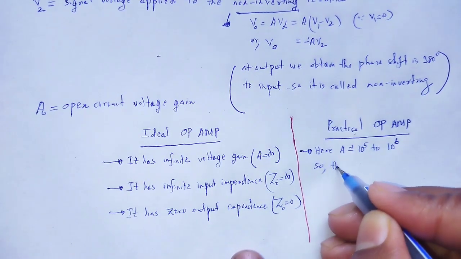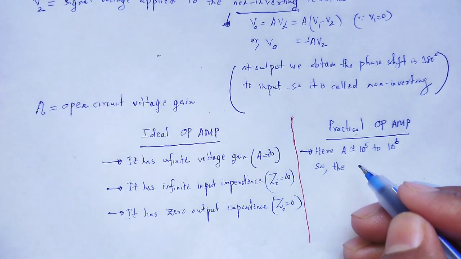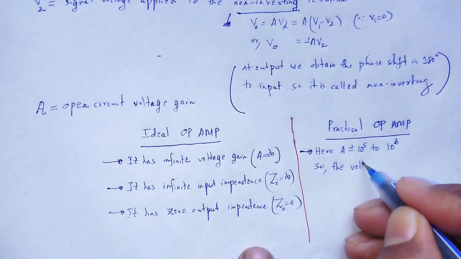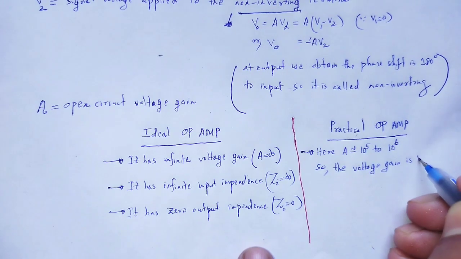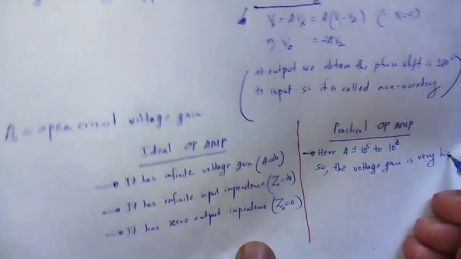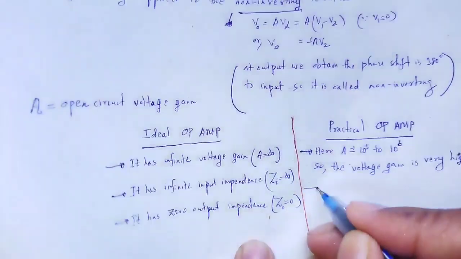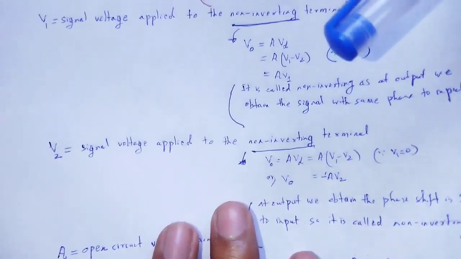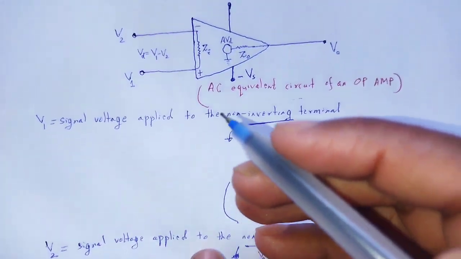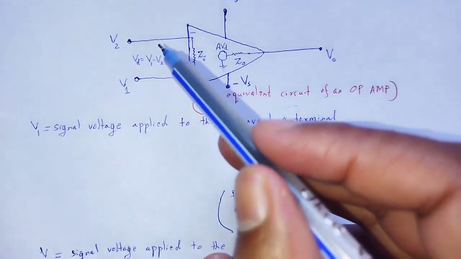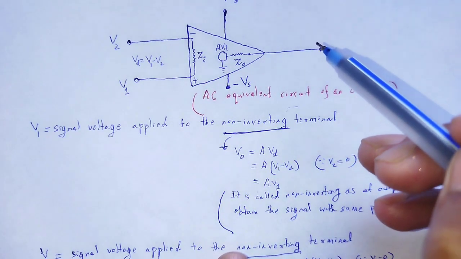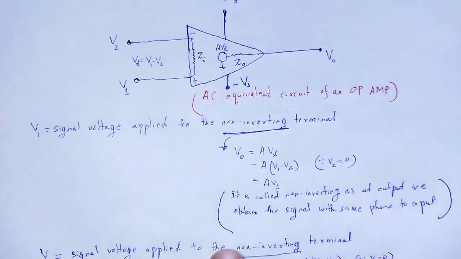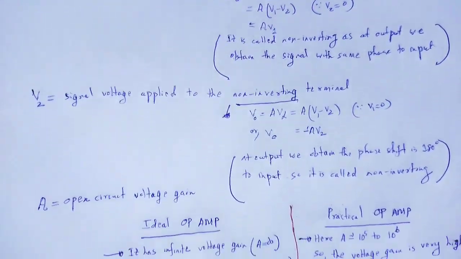So the voltage gain is very high, meaning if we supply a small amount of voltage through the input, then at the output it is amplified as A times the input.